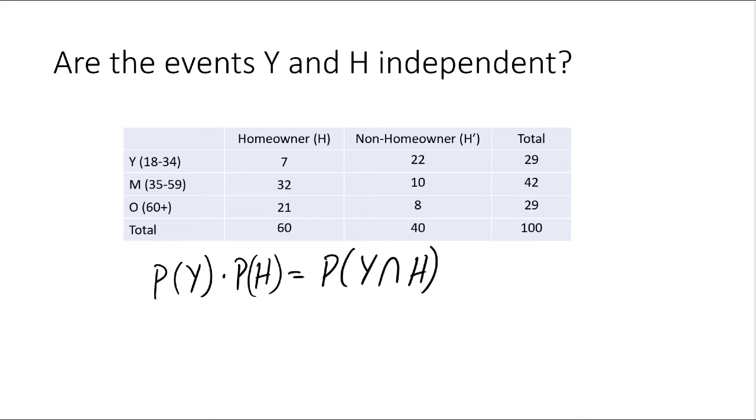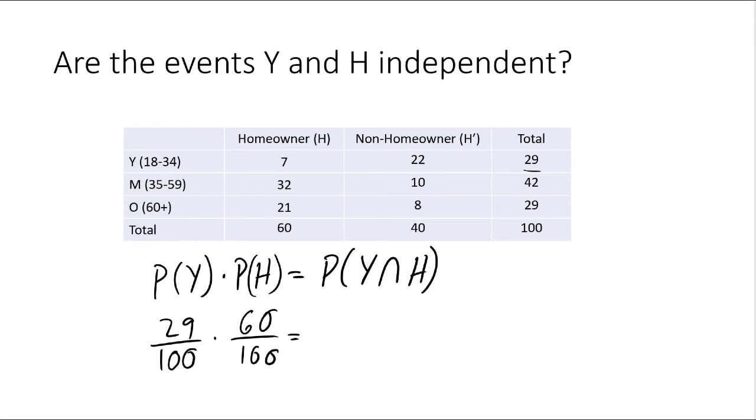So the probability of Y, well, there are 29 people in the Y group, the younger group, 29, divided by the total number of people, which is 100. And then the P of H, so that's the probability of being a homeowner. So there are 60 homeowners out of the total of 100.